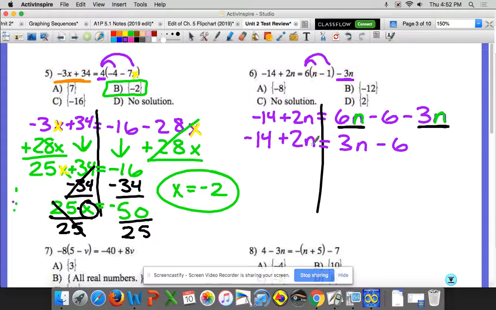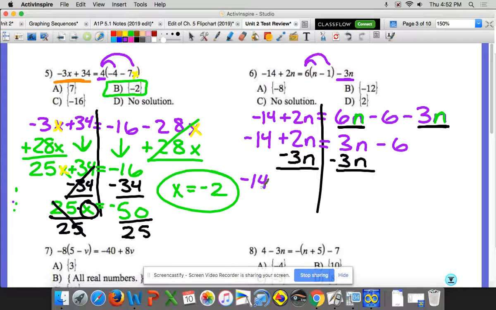So now we have to get the variables on the same side or isolate the variable. So I always like to move from right to left. So I'm going to do the opposite of this positive 3n here, and I'm going to subtract 3n or negative 3n. But what we do to one side, we also have to do to the other. So now we're going to have negative 14.